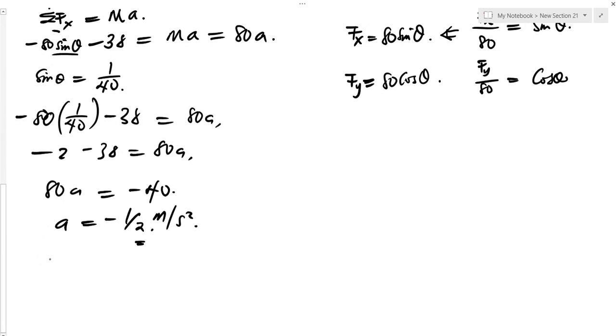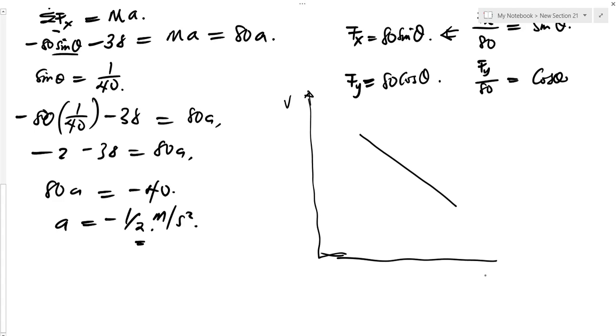So we're asked to calculate the distance. Let's say it is a linear motion and is decelerating, so it will be this form. This is the velocity, this is time, let's say in seconds.